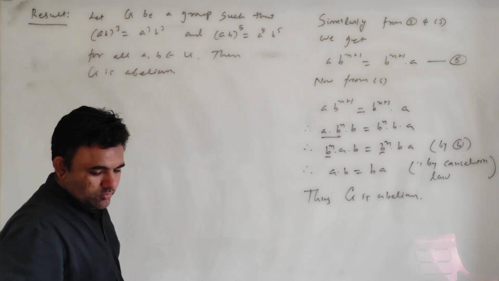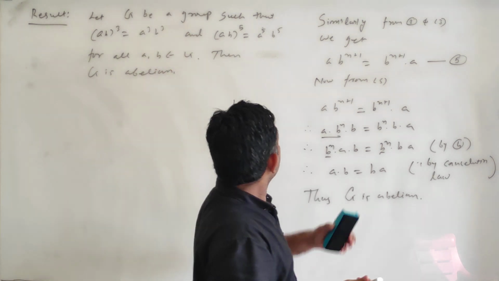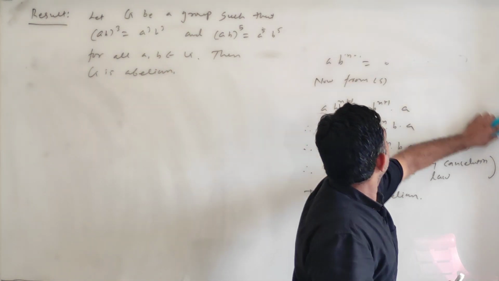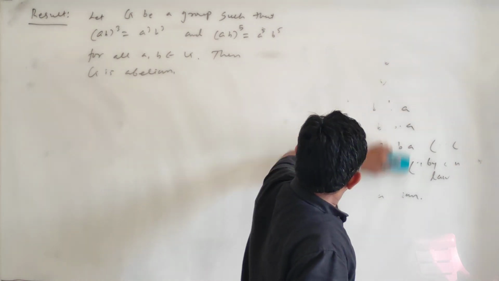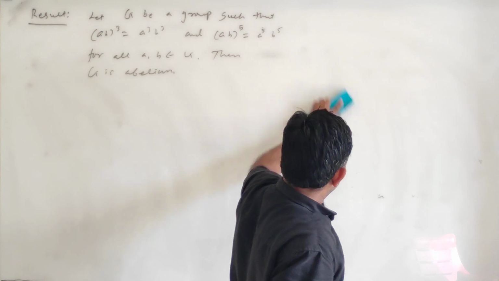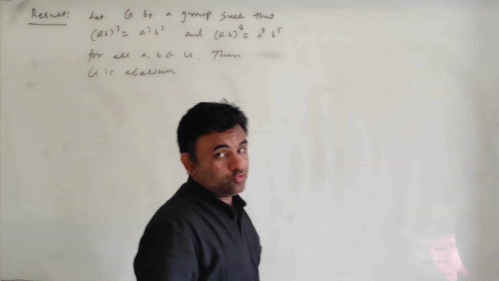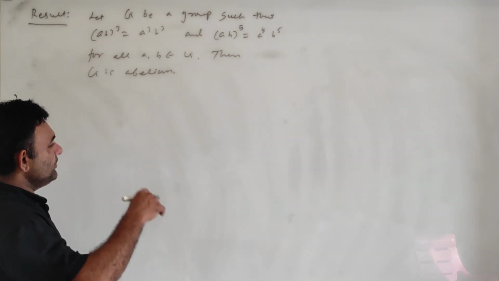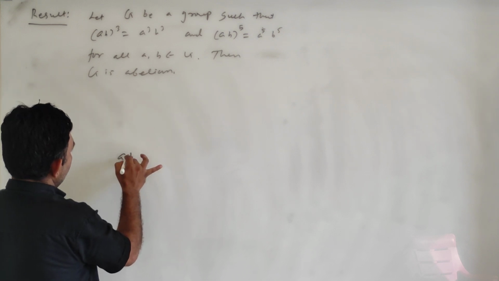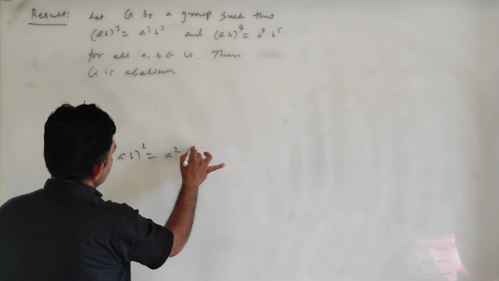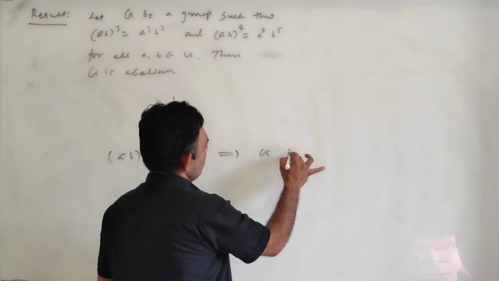Some people also prove it like this. So what does this result say? Compare this result with the previous two results. First we proved that if ab squared is equal to a squared b squared, then G is abelian.